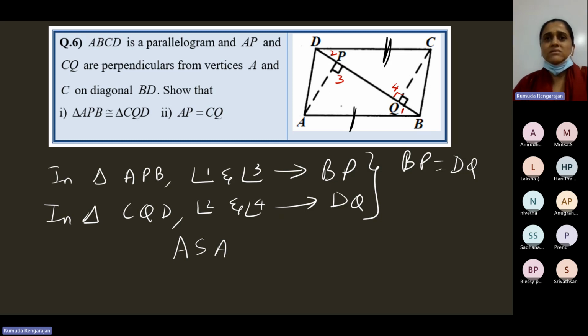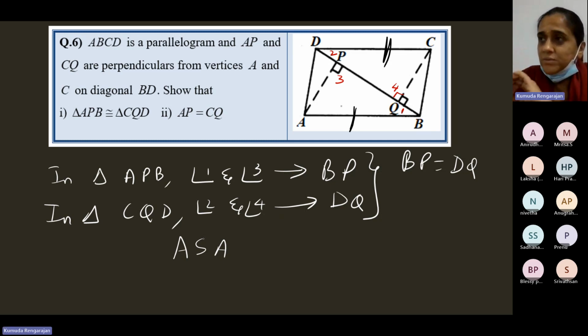Am I clear, children? In the first triangle, for angle 1 and angle 3, BP is the included side. In the second triangle, for angle 2 and angle 4, DQ is the included side.